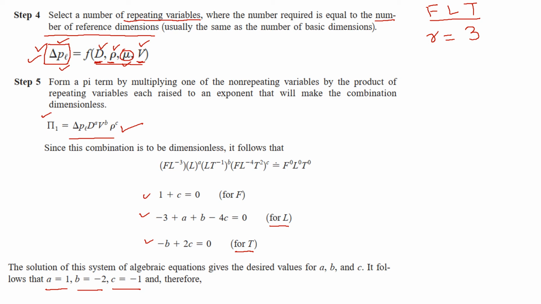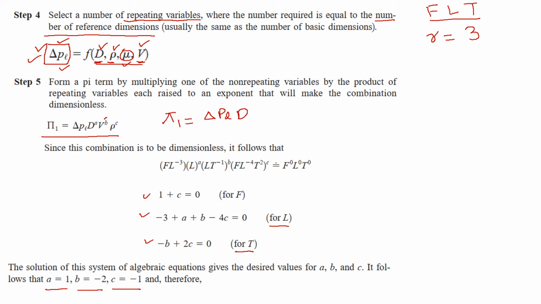So now let's put these values right here. So a is 1, so pi 1 will be equal to the change in pressure per unit length. D has a power of 1 now, so it will remain in the numerator.